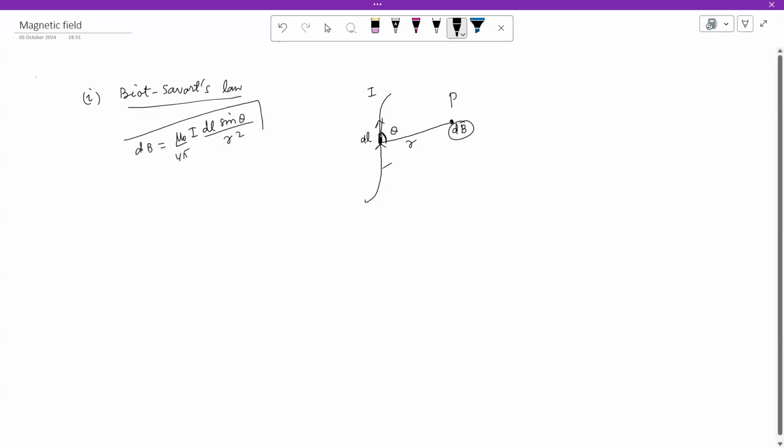This is Biot-Savart's law that you already know. And if we write it in vector form, this would be mu naught by 4 pi times I dl cross r divided by r cube, right?